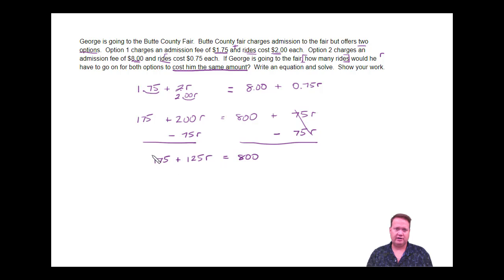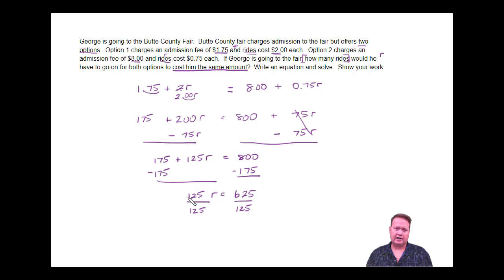Last step is to solve a two-step equation. We're going to do the subtraction first. Take away 175, and that leaves me with 125R equals, and that's going to be, if I borrow from the 8, 625.